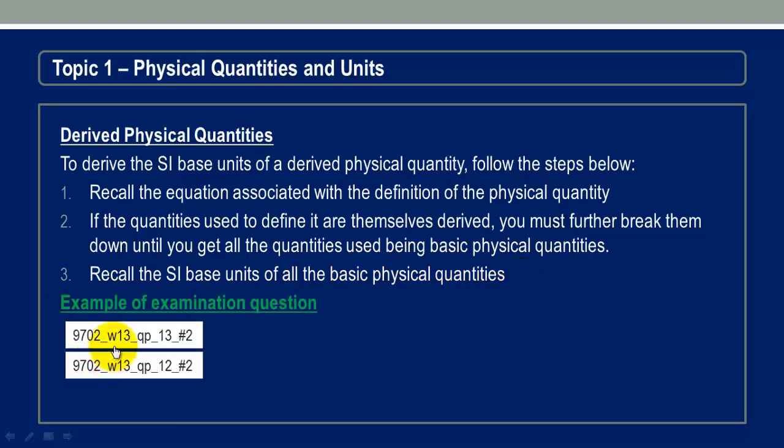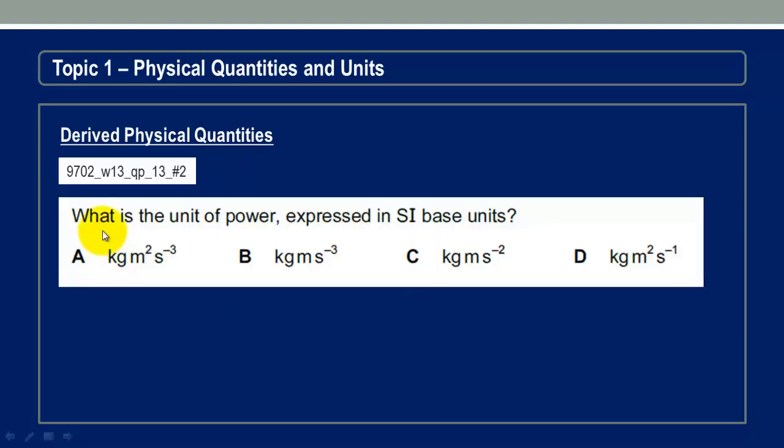This one is in October-November 2013, question 1, variant 3, number 2. In this question, we are asked, what is the unit of power expressed in SI base units? So we have said the first step is to recall the equation which is associated with that definition. So power is equal to work done per unit time.